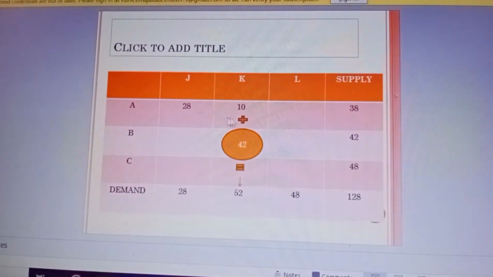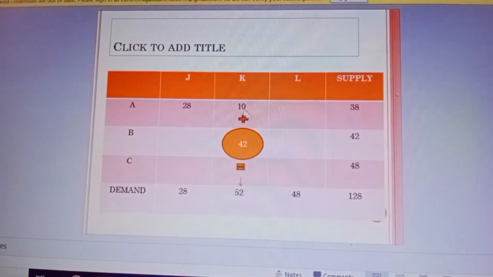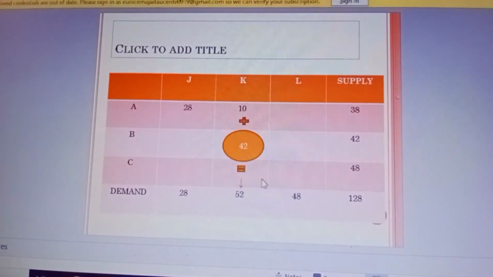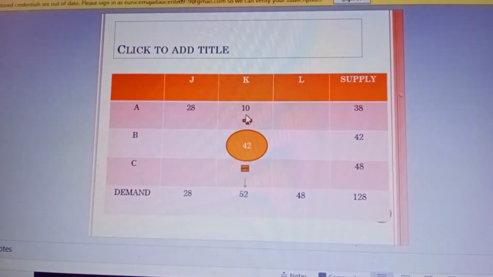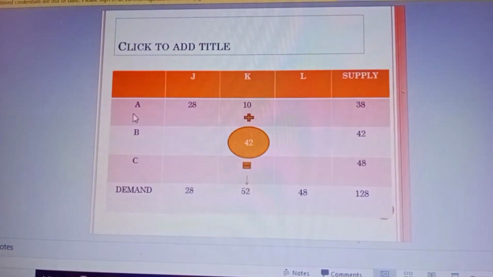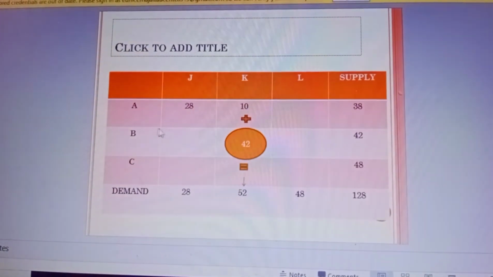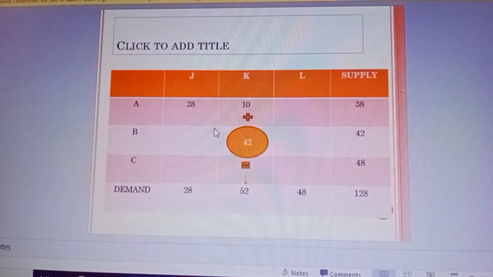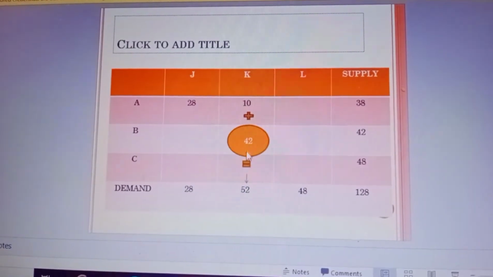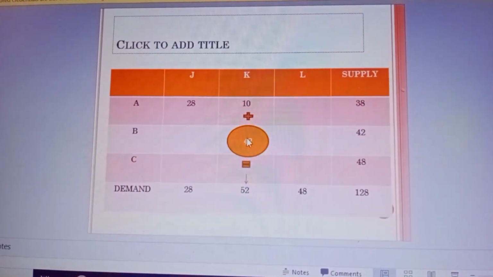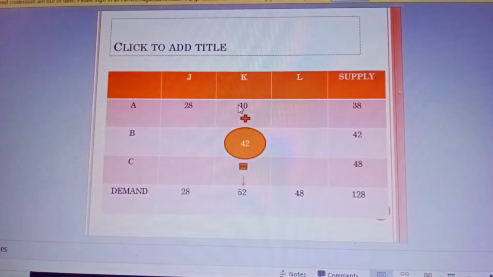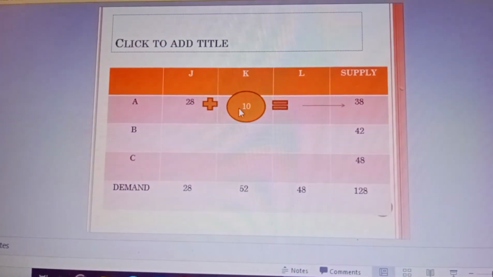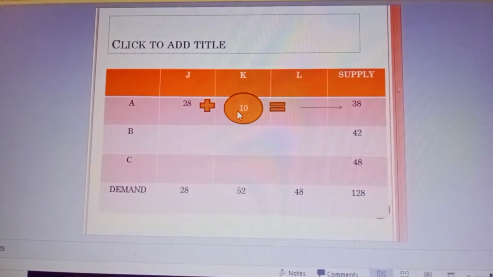And in this table, you are going to find also the number that, when you add the K column of A and B, the answer is 52. So I put in here in the middle 42, because when we go back, letter K is equal to 10.